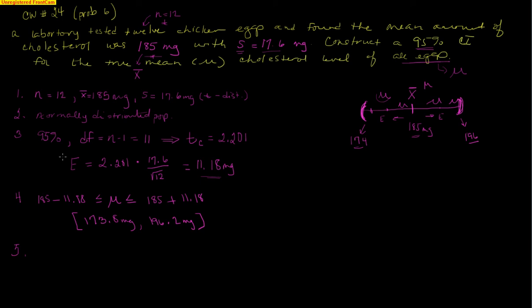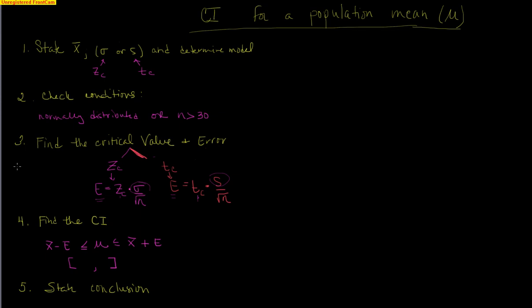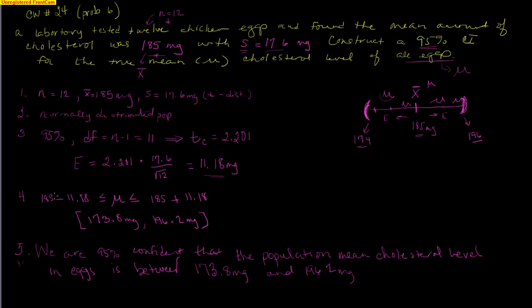The last step, of course, is stating the conclusion, just like with the population proportions. So in our final step, we state that we are 95% confident that the population mean of cholesterol levels for all eggs is between 173.8 milligrams and 196.2 milligrams.